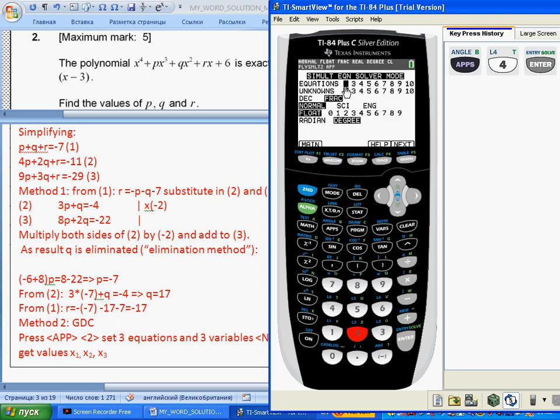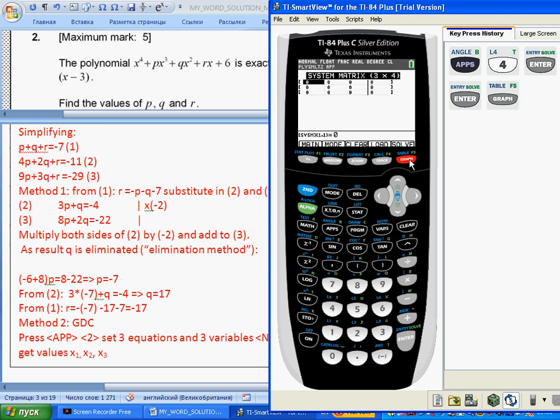So first we choose the number of equations and the number of unknowns. The number of equations is 3, so we move to the right one step, press enter, 3 equations, and the number of unknowns is also 3. Press enter. As we are ready, we go next. Here we should insert these values. From the first equation, 1, 1, 1, minus 7, coefficients and right part.